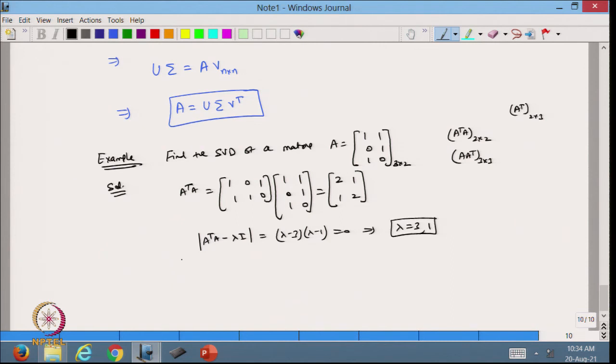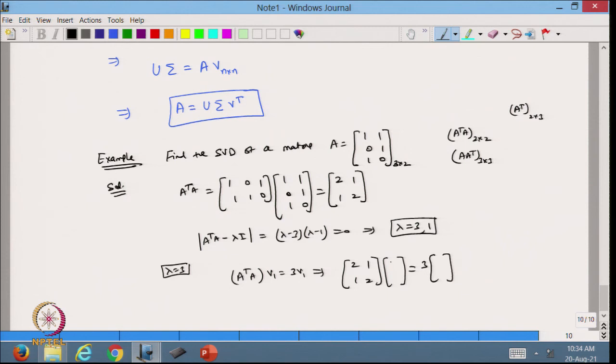Now, corresponding to the eigenvalues, I want to find the eigenvectors. Corresponding to lambda equal to 3, A transpose A V1 is equal to 3 V1. I have 2 1 1 2, and I want a vector that equals 3 times this vector.